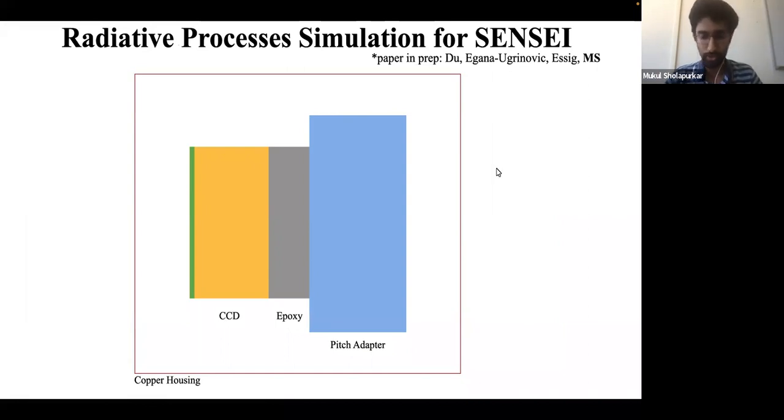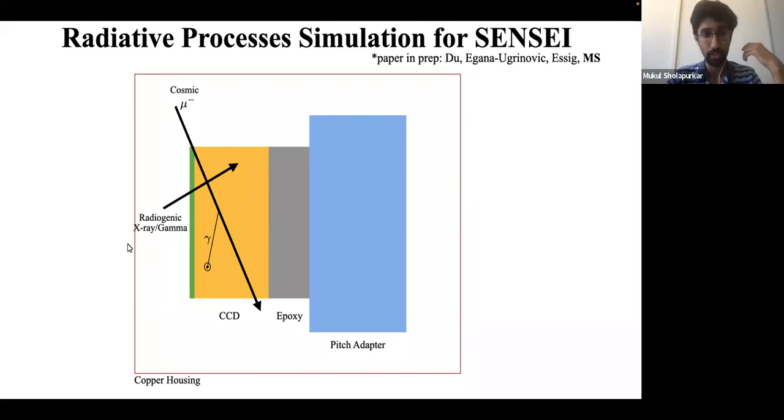So in this simulation, we are setting up the detector just like Sensei. For example, a cosmic muon can come in. It can interact with the detector, emit a Cherenkov photon, and this Cherenkov photon can get absorbed in the detector to produce a single electron event. Alternatively, you always have radioactive impurities in the materials that surround the detector.